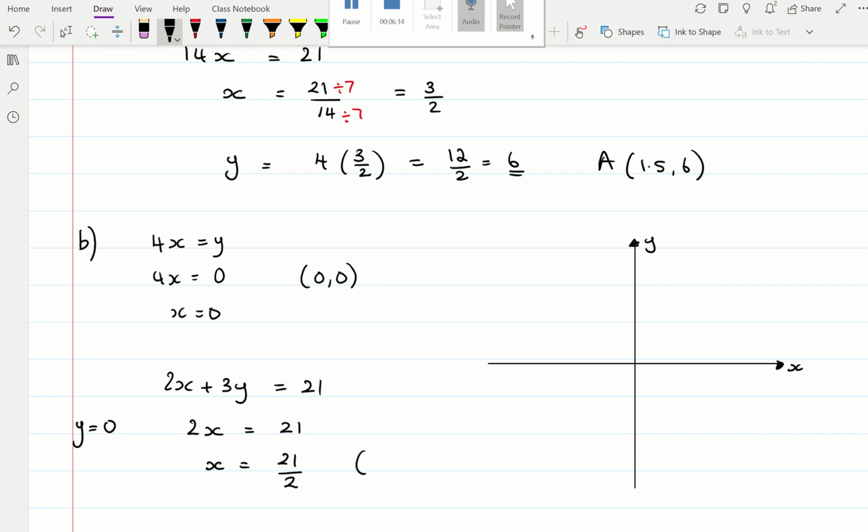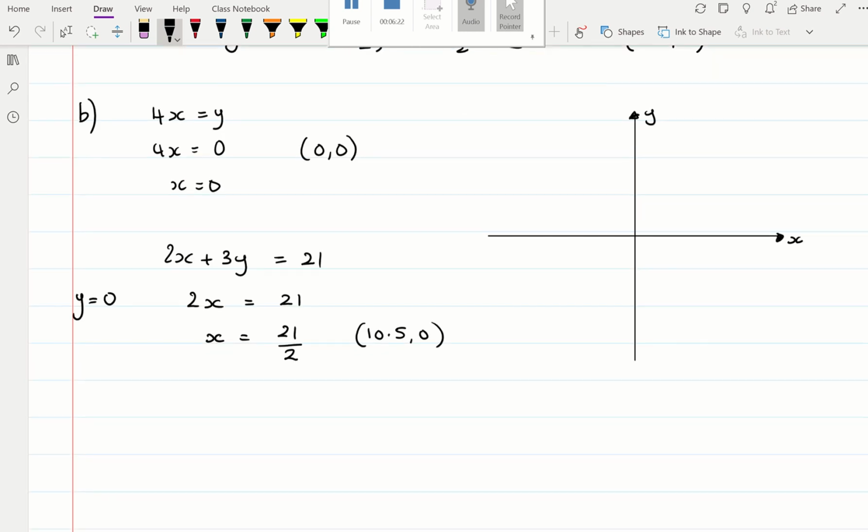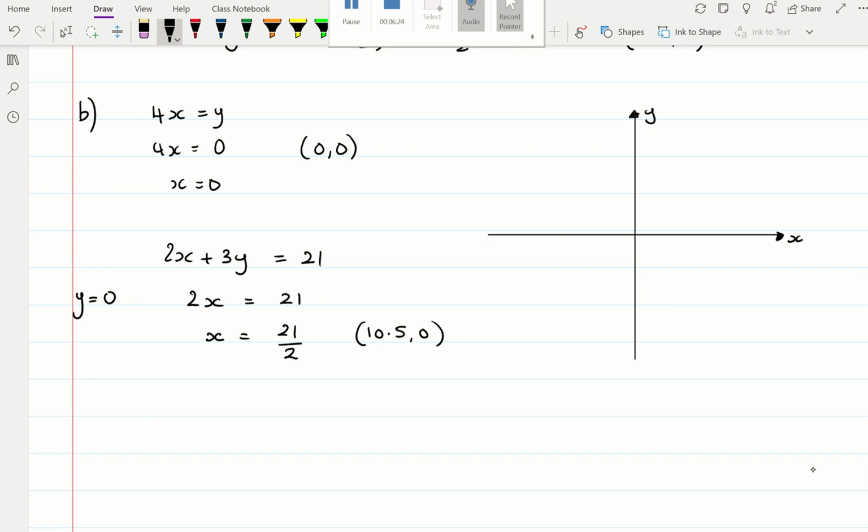So you've got 10.5, 0 is one of them. And when x equals 0, 2x is gone, 3y equals 21, y equals 7, so you've got 0, 7.